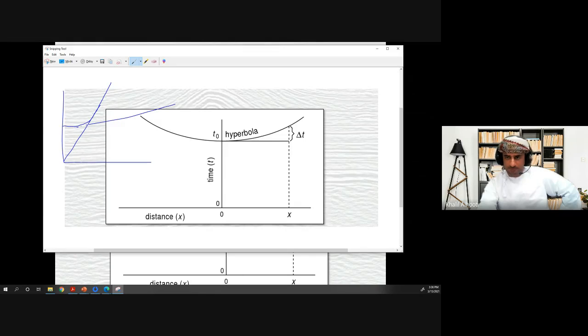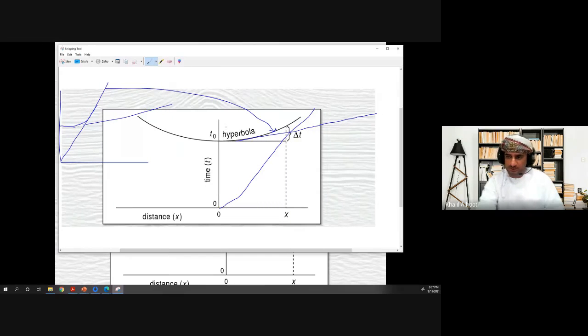So this part is similar to this one. This is the direct wave, goes asymptotic, and this is the reflection. If you try to cover this part, let's try to cover it.